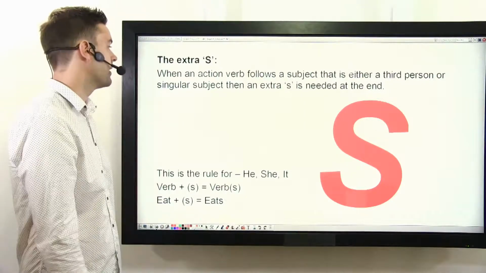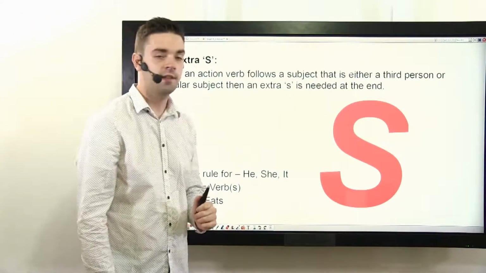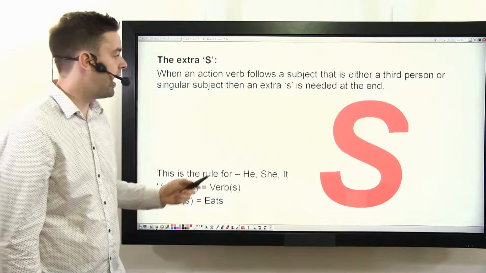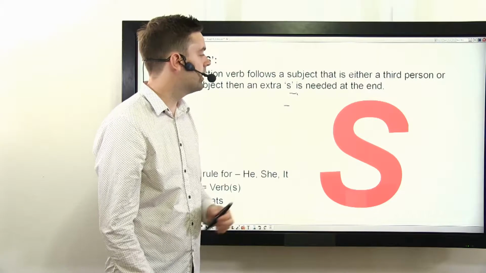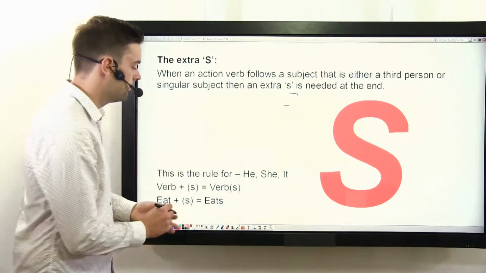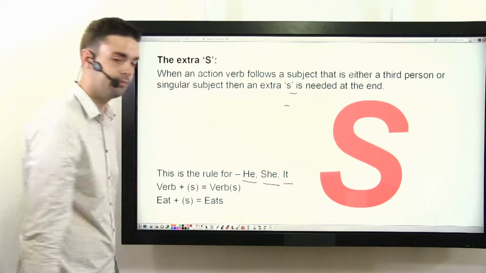The extra S. When an action verb follows a subject that is either a third person or a singular subject, then an extra S is needed at the end. This is the rule for he, she, or it.